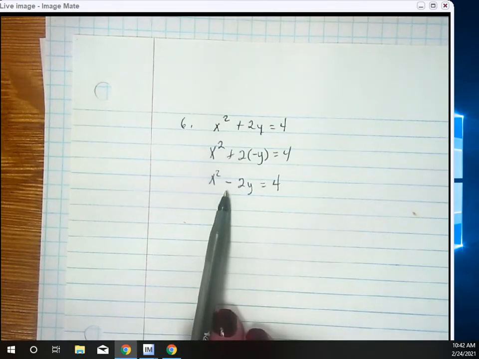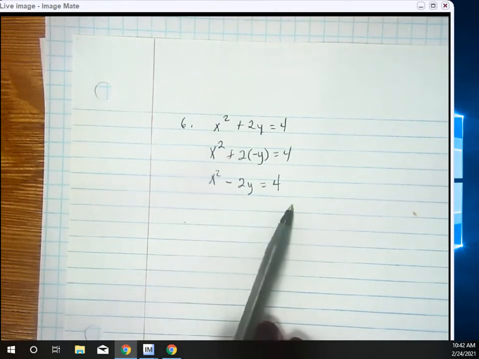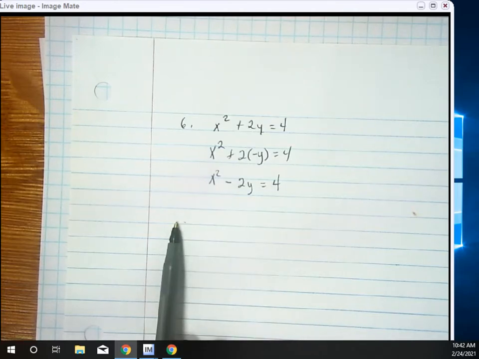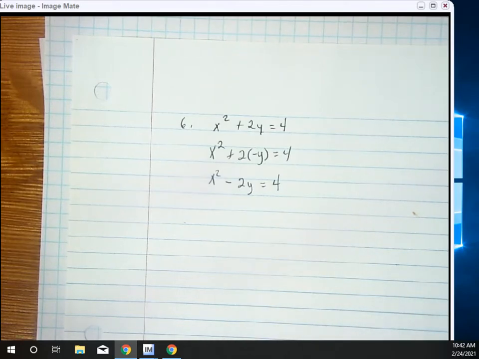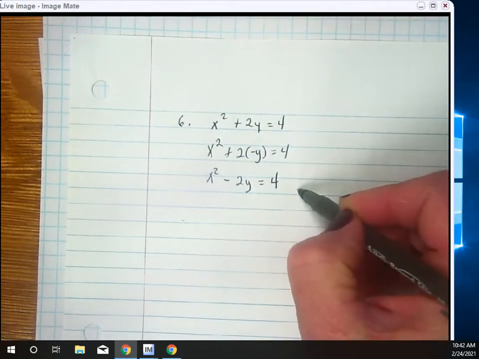Just the sign in front. So it's not exactly the same. It's not exactly the opposite either, correct? So what changed? Does this have symmetry with respect to the x-axis?